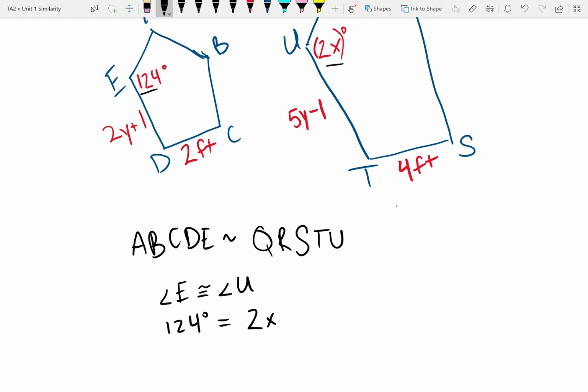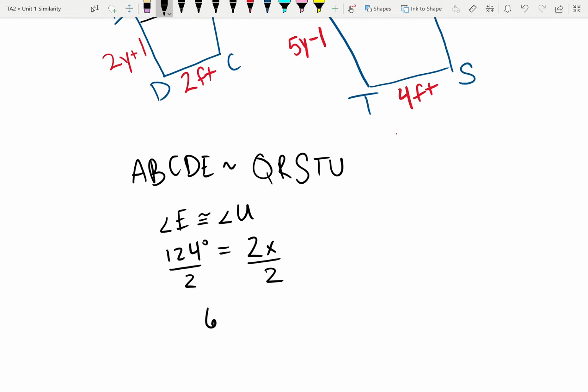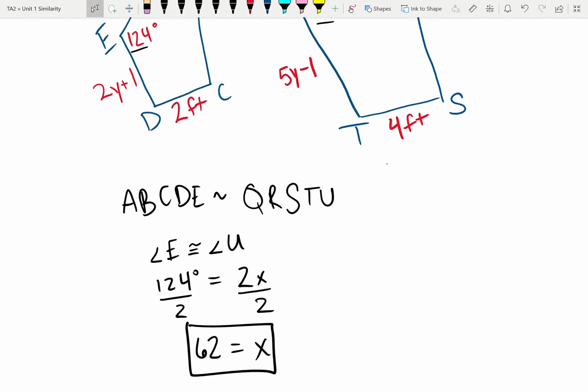We can set them equal to each other and solve by dividing by 2. 124 divided by 2 is 62. So x is equal to 62. It's not 62 degrees, because x is not degrees. It's just a variable, just some value. So we use our angles to find that.